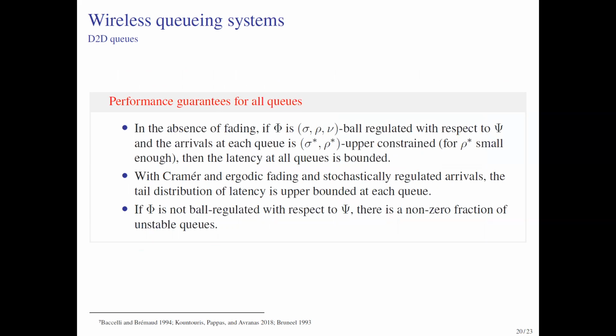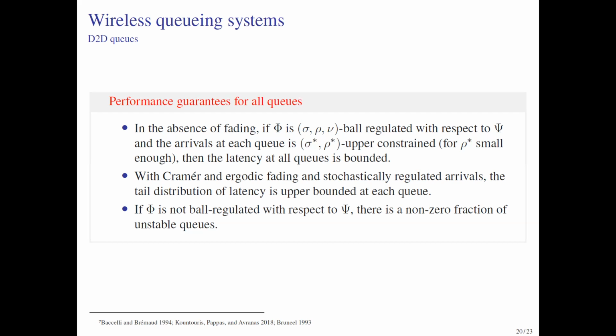And combining the results from network calculus and spatial network calculus, in the absence of fading, and if in addition at each queue it is upper constrained by some arrival curve, then the latency at all queues in the entire network is upper bounded.